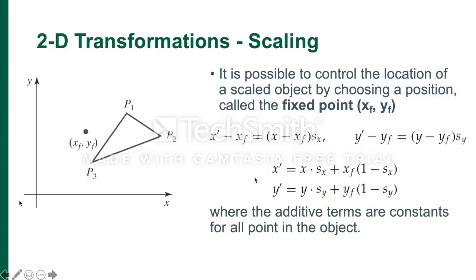This will be reformulated as we can see here, and we can notice that these adding factors to the right are going to be constant because xf and yf are constant values for all of the vertices, and 1 minus sx and 1 minus sy are also constant because sx and sy are the scaling factors that are the same for all of the vertices.